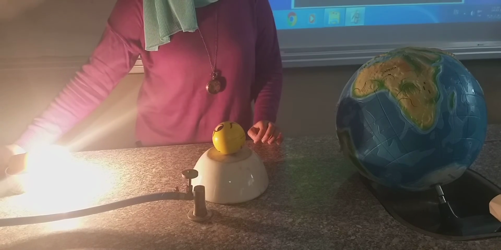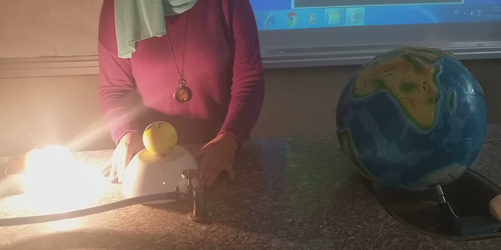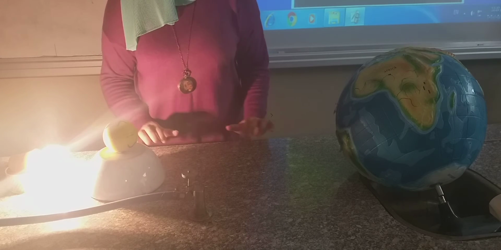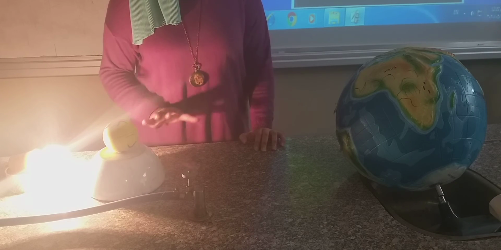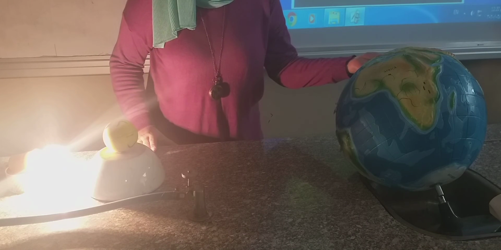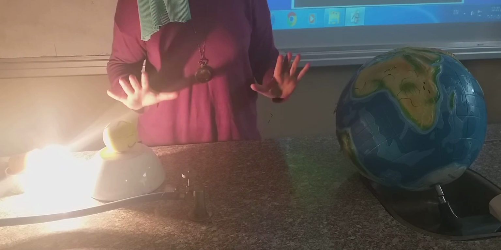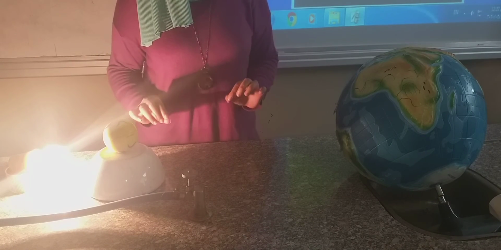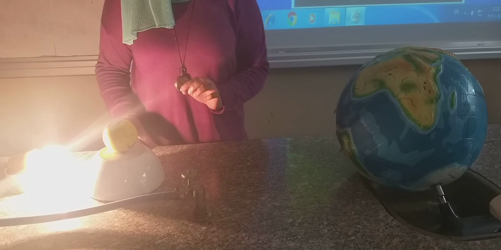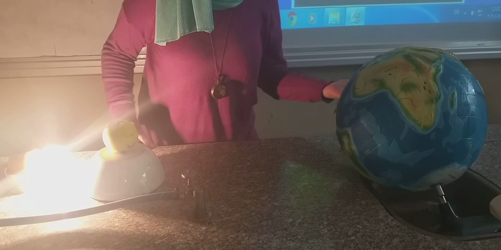We have another case when the moon is very far from the earth, or in a higher orbit. What happened in this case? In this case, the shadow can't reach the earth. Why? Because the moon is very far from the earth.